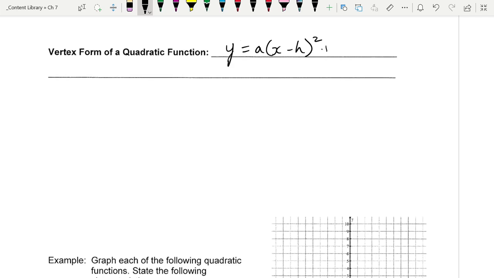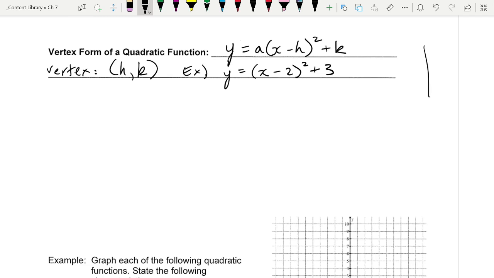There's this square of a binomial here, and inside of it is the vertex, where the x coordinate of the vertex is the number h, so whatever number is there, and the y coordinate of the vertex is k.